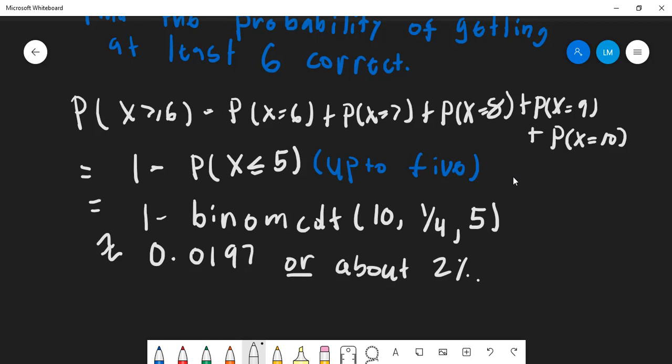So clearly, in the statistics problem, they're trying to imply that if you do study, you would increase your chances of passing this quiz instead of just purely guessing.